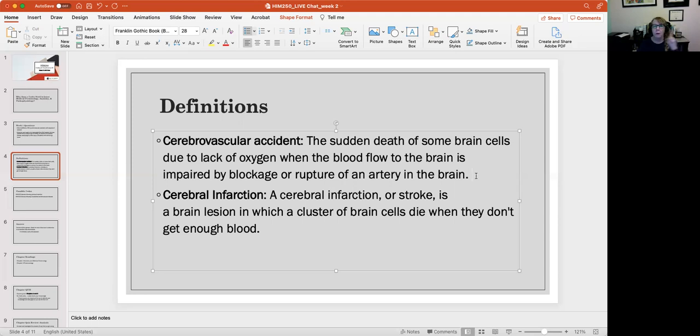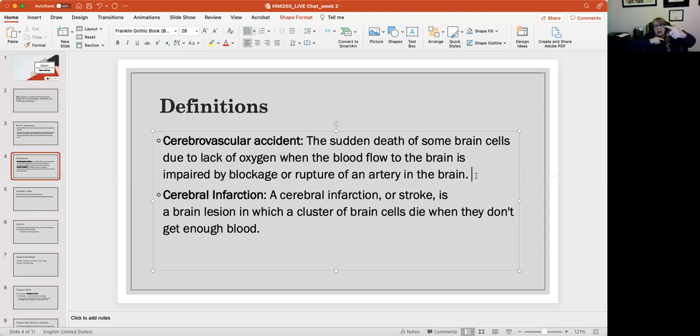Okay, but I want you to pay attention to something as we look at the definition for cerebral infarction. A cerebral infarction, also known as a stroke, is a brain lesion in which a cluster of brain cells die when they don't get enough blood.